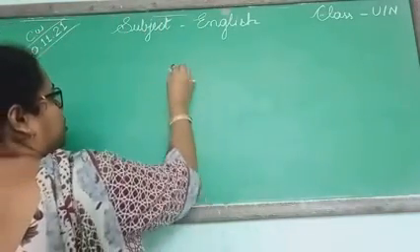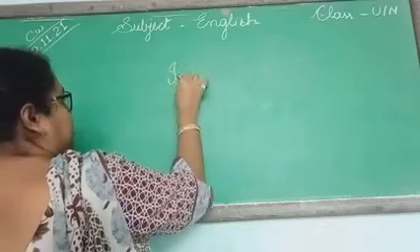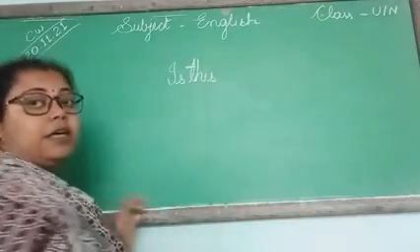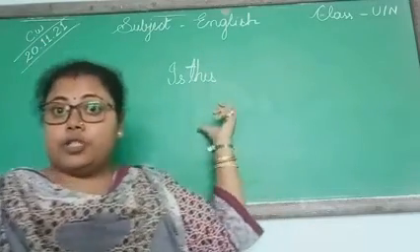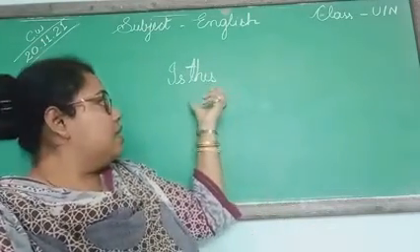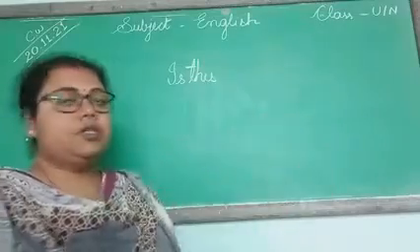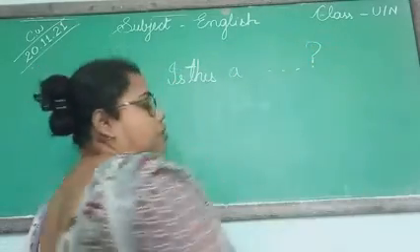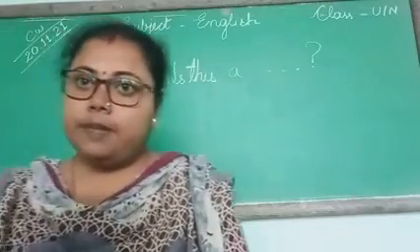In singular, you use is and this. For making a question, we are using is this dash, something like that, and a question mark. Understand?